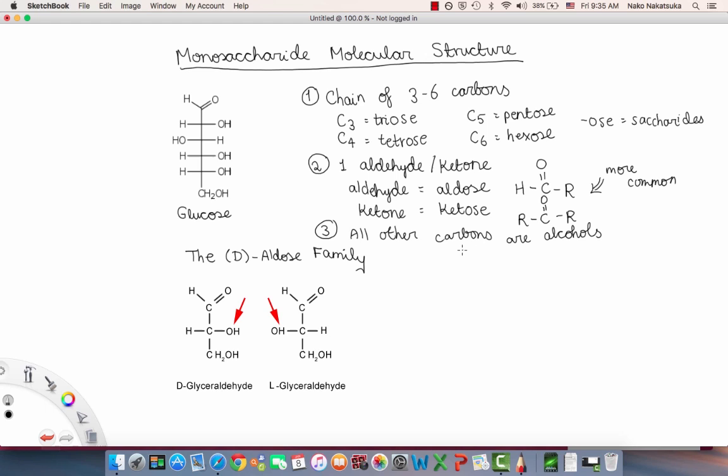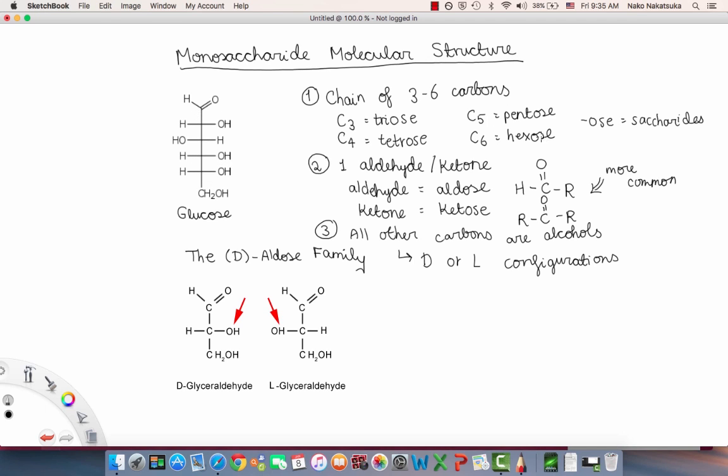The key thing I wanted to mention here is that depending on where the OH groups are, we can also have D or L configurations. Let's look at this example right here with glucose. Let's make sure it has all 3 of these characteristics. First of all, it has a carbon chain of 1, 2, 3, 4, 5, 6.